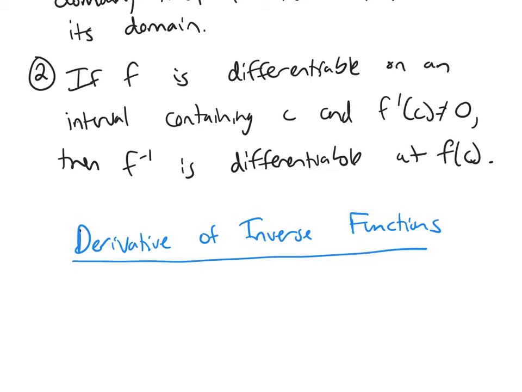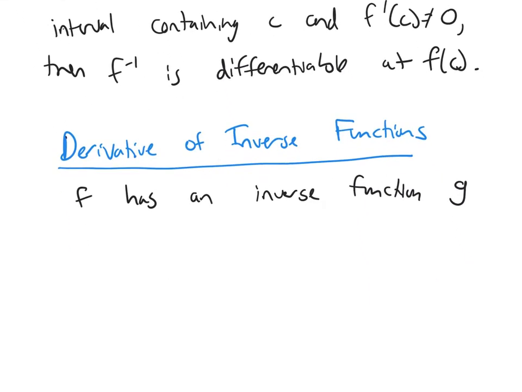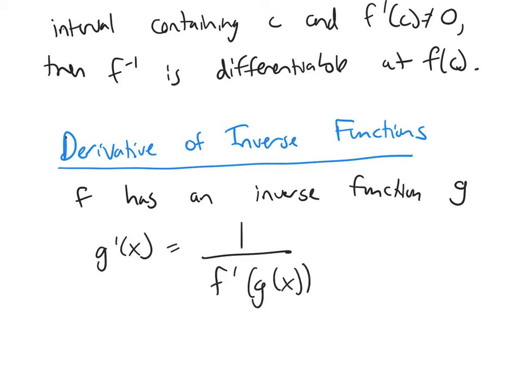Assuming that f has an inverse function, and I'm going to call that inverse function g, then the derivative g prime of x will be 1 over f prime of g of x, provided that this is not 0.